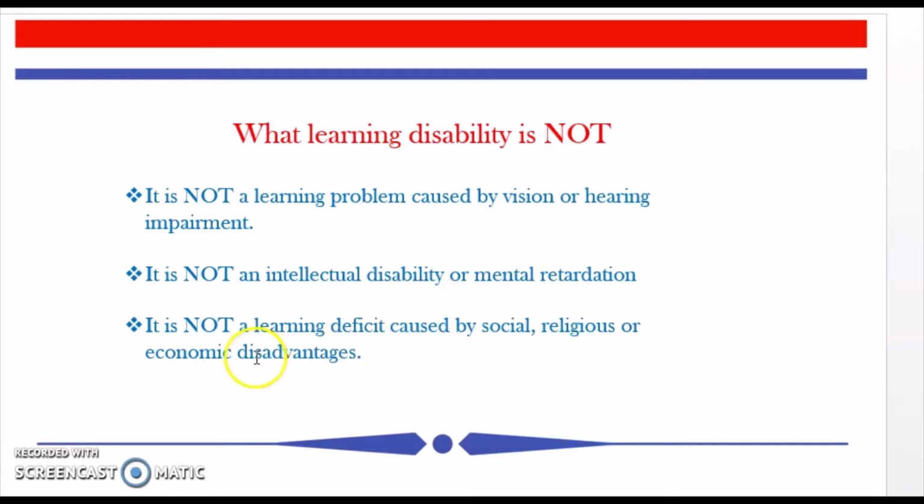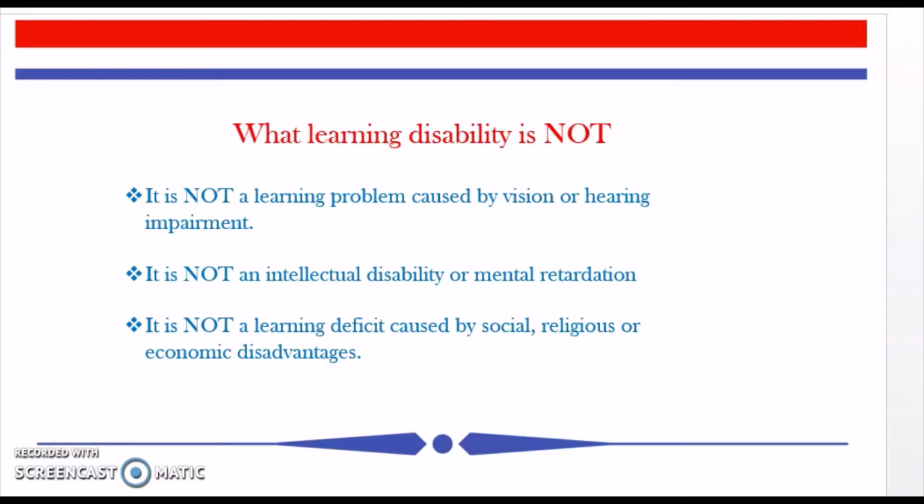Alright? Then it is not a learning deficit caused by social or economic disadvantages. Some religions forbid their children from going to school, so when they come in contact with those that went to school, they are usually behind.